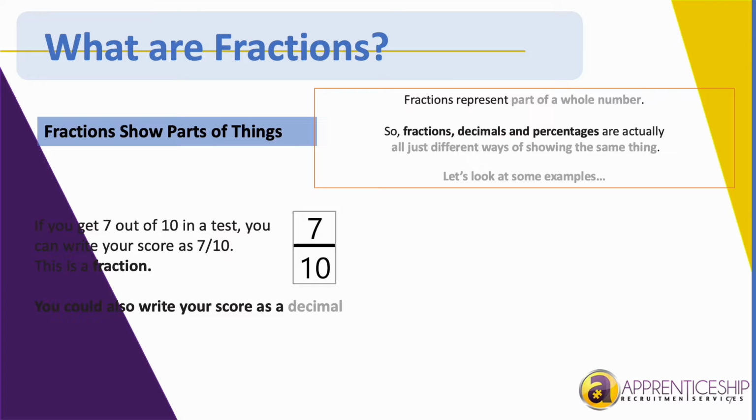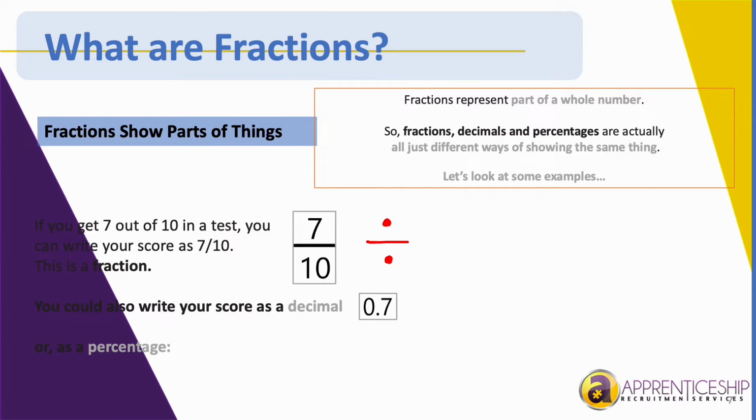This line is a division symbol, which reminds us that it's division. So 7 divided by 10, if we put that into a calculator, comes out at 0.7. So 7 over 10 is the same as 0.7.